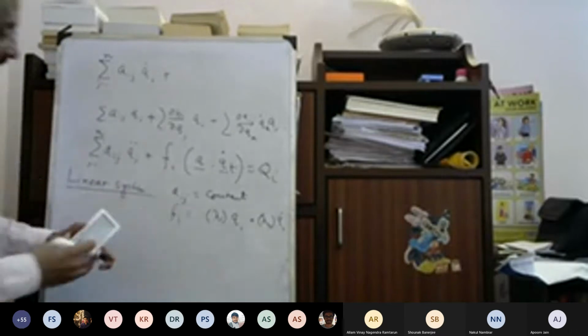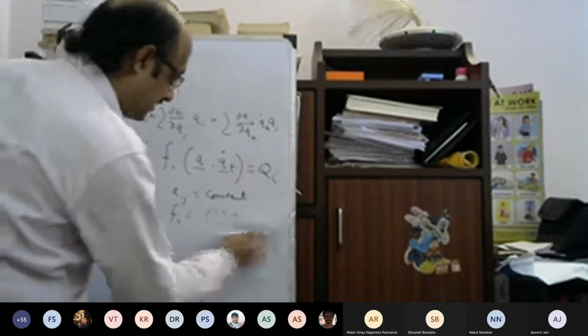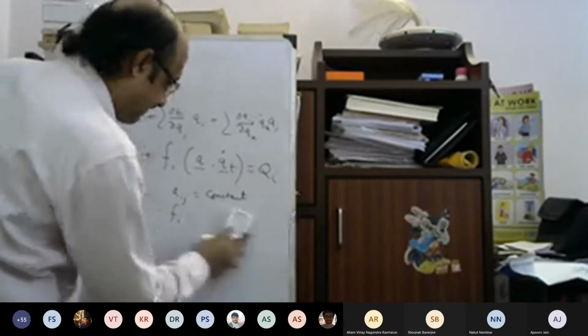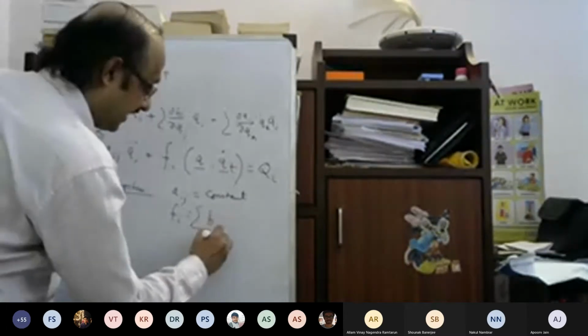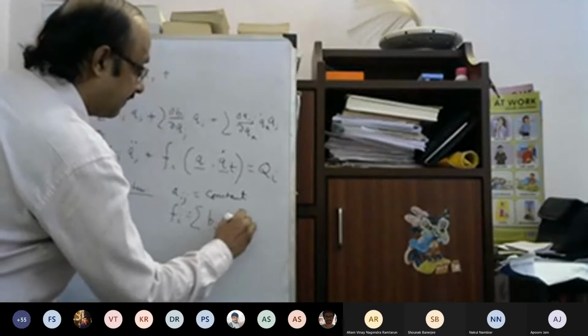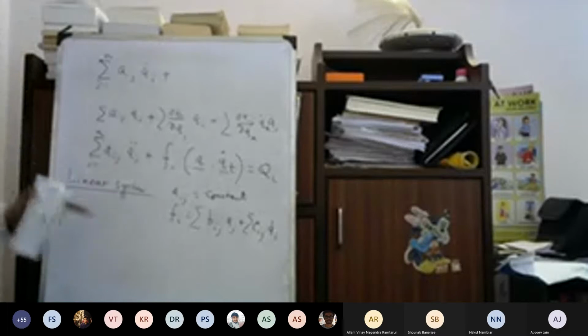Maybe what I should have written down is Fi will be Bij Qj plus Cij Qj dot.